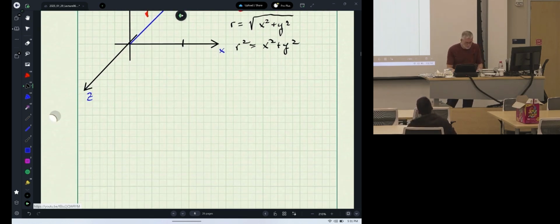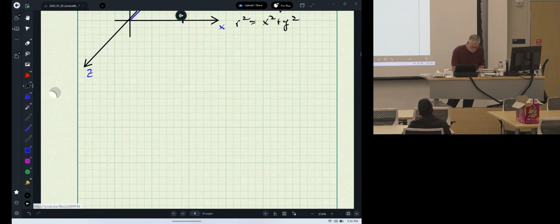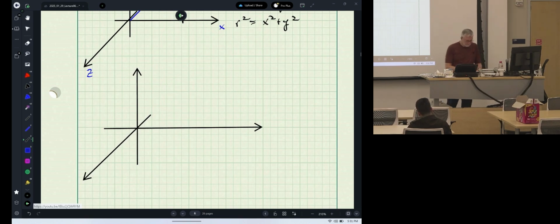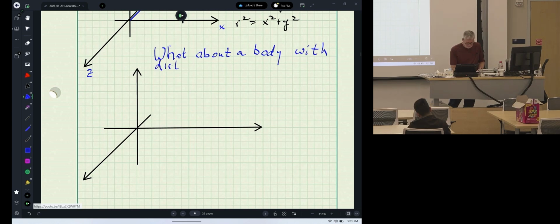We want to do it for a distributed mass. So let me set up another set of axes. What about a body with distributed mass? So it's spread out. It's not clustered in a point.